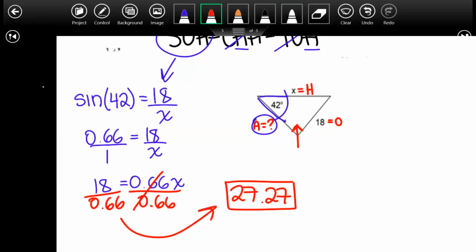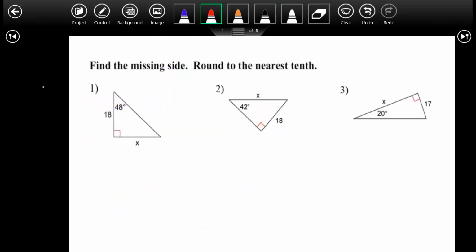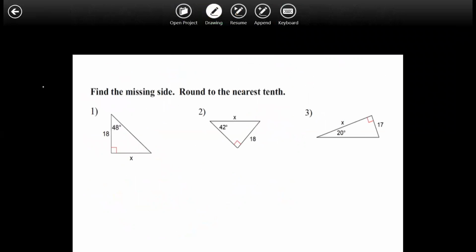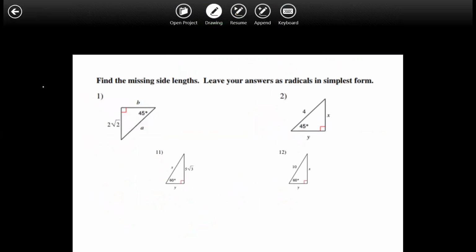Does this help out? Yes. Both parts will be posted. There are still several more types of problems. I'll be doing a problem like this, composite.